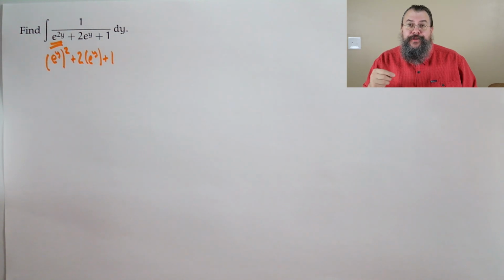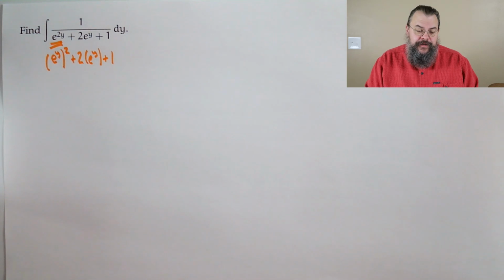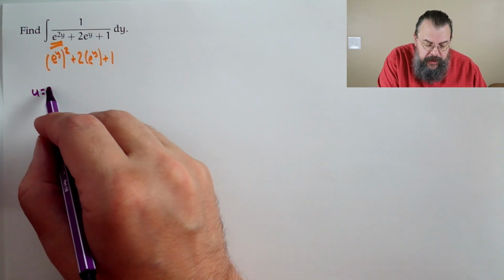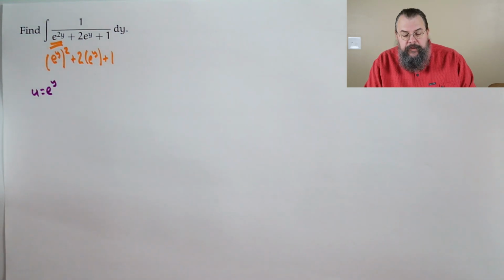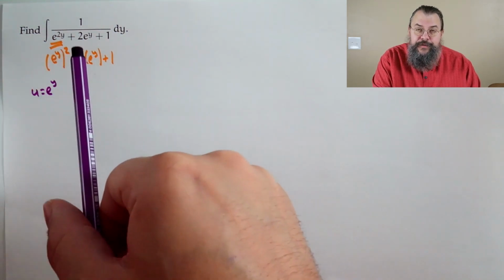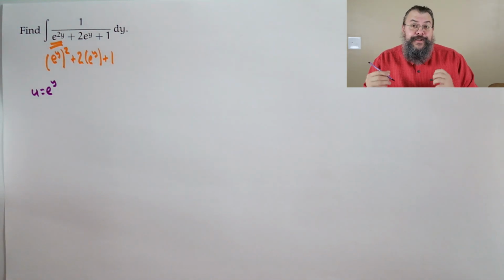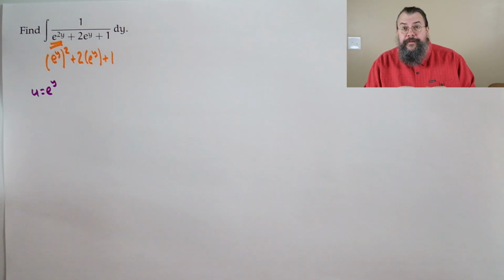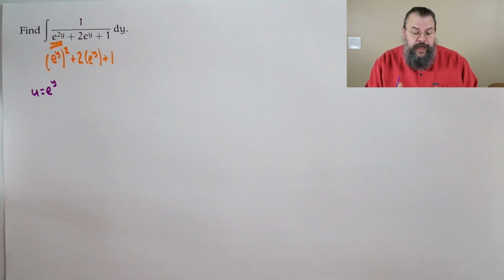Let's introduce a new variable, and we're going to call it u. So we're going to make u equal e to the y. Now, the nice thing about that is we say, okay, then we would have u squared plus 2u plus 1. Okay, so that's a good substitution to make as far as making the denominator look like a polynomial. On the other hand, of course, what would have to happen?